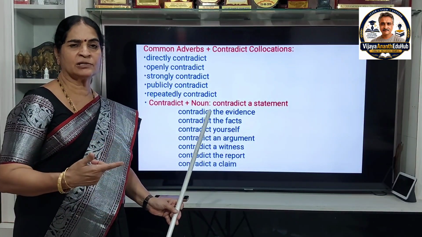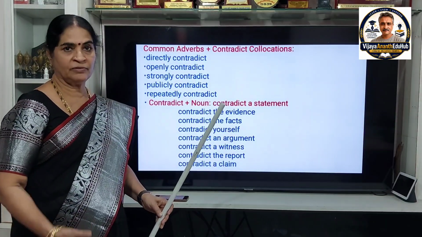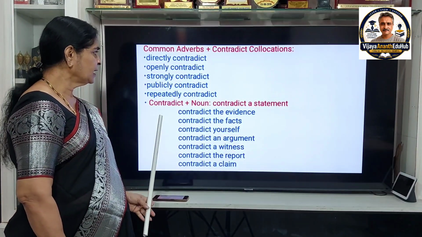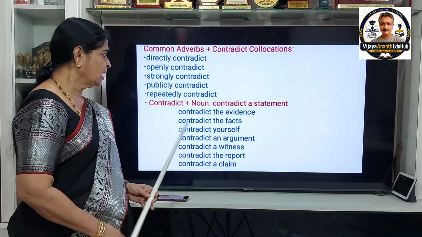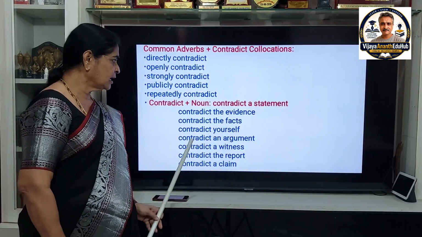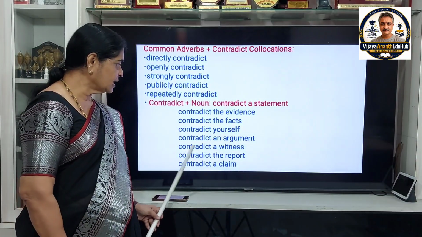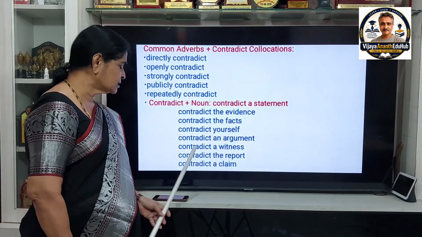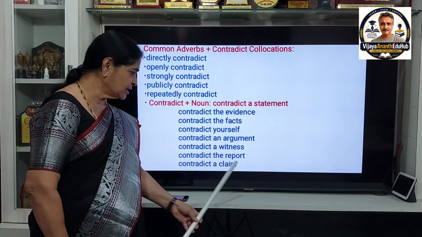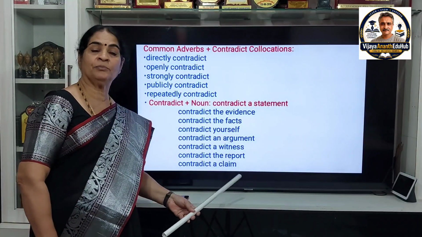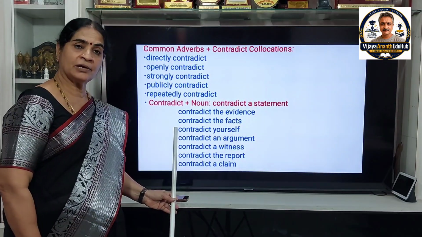Another structure of collocations is contradict plus noun: contradict the evidence, contradict the facts, contradict yourself, contradict an agreement, an argument, contradict a witness, contradict a report, contradict a claim. All these words collocate with contradict.